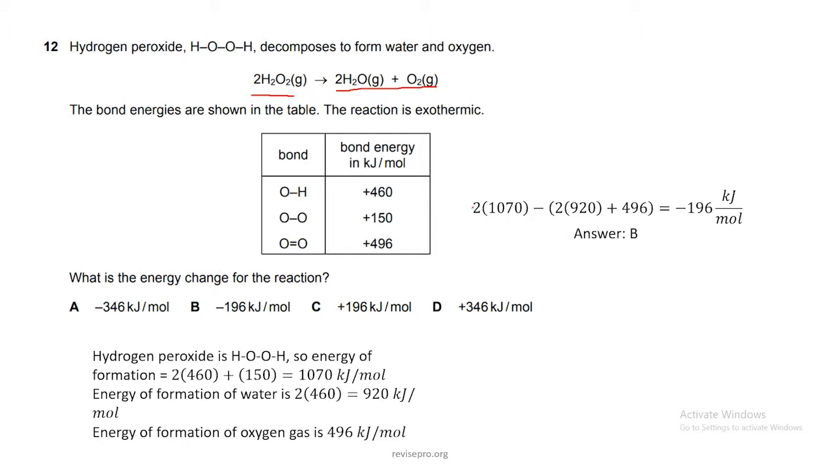So that's going to be 2 times 1070, which is hydrogen peroxide, minus the sum of the energy of formation on the product side, which is 2 times 920 plus 496. You'll reach a value of minus 196. Notice the negative sign. They said the reaction was exothermic, so I know this is correct. So my answer is going to be B.